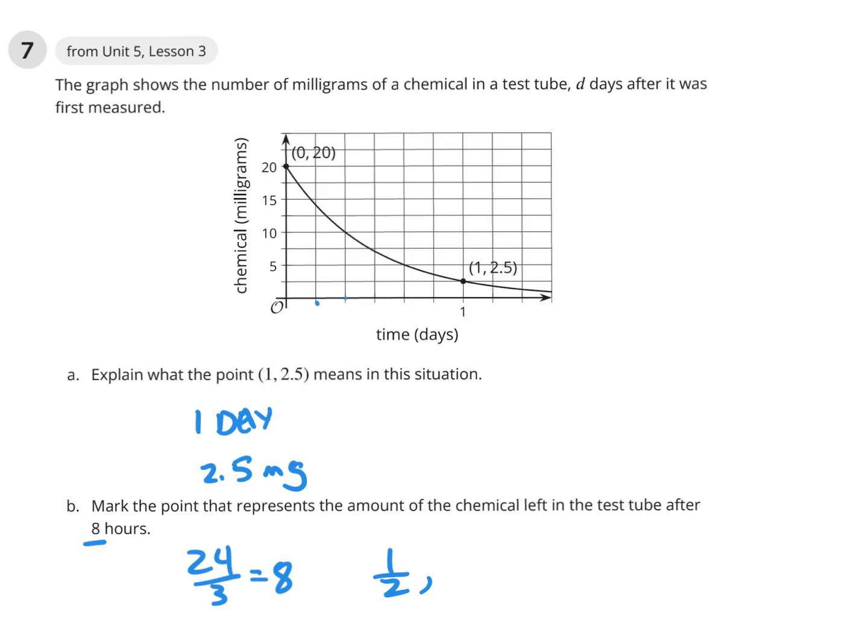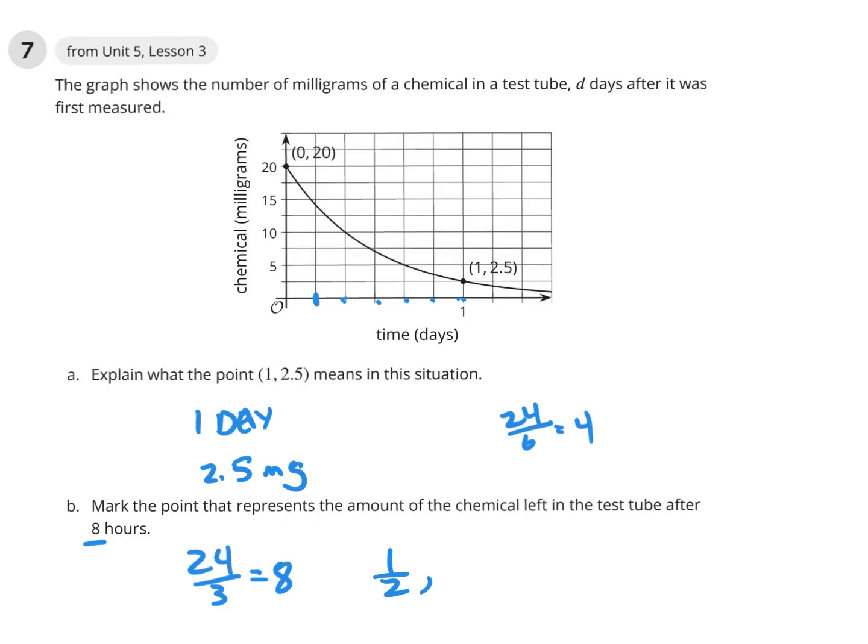So let's see, 1, 2, 3, 4, 5, 1 day. 1, 2, 3, 4, 5, 6. So 24 divided by 6 is 4. This is every 4 hours.